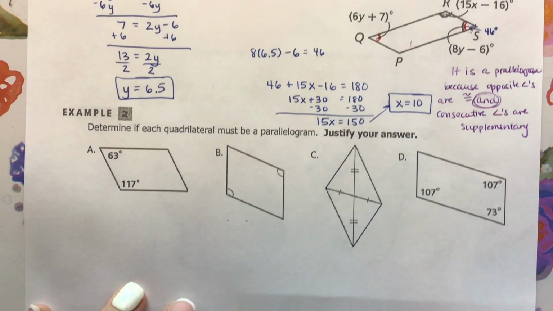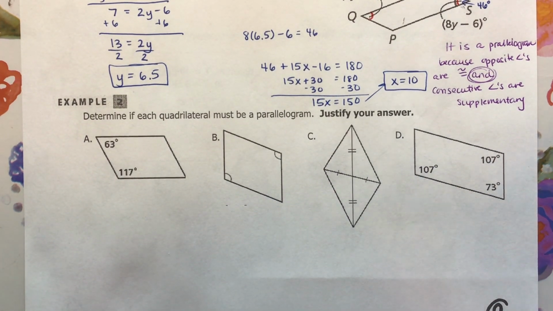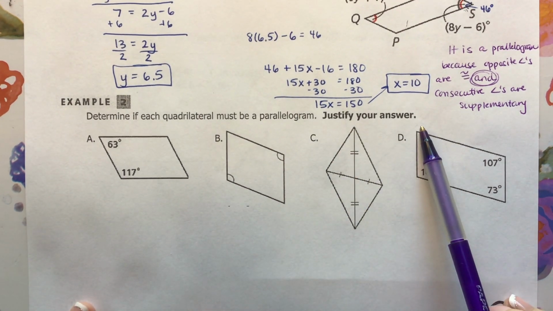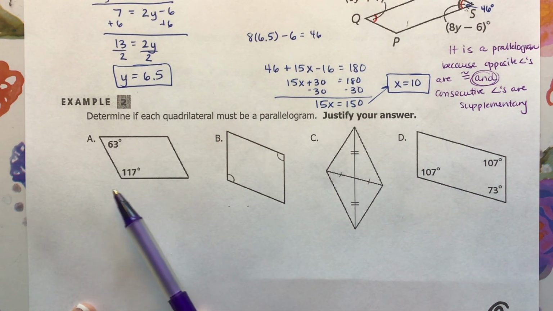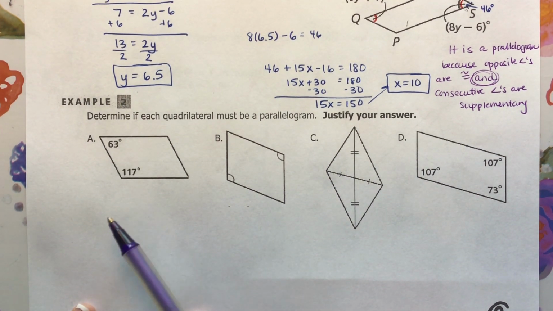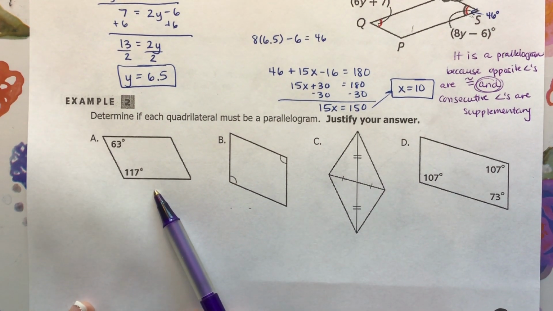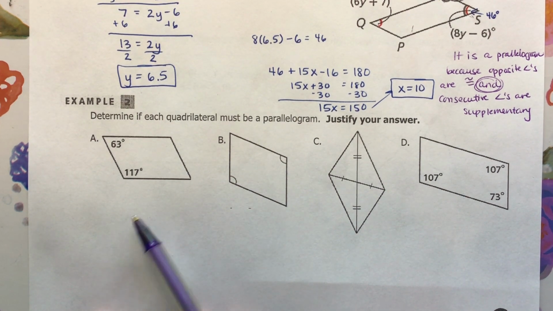Moving on to example 2. It says, determine if each quadrilateral must be a parallelogram. Justify your answer. Okay. I want to remind you that you cannot conclude anything from a photo unless it is specifically marked. Photos can be very deceptive.